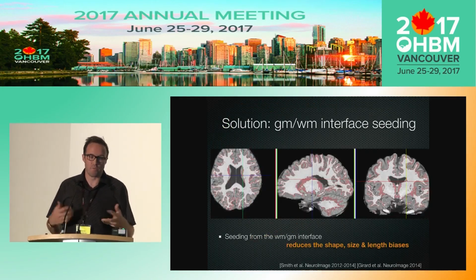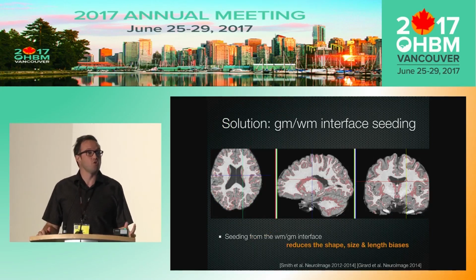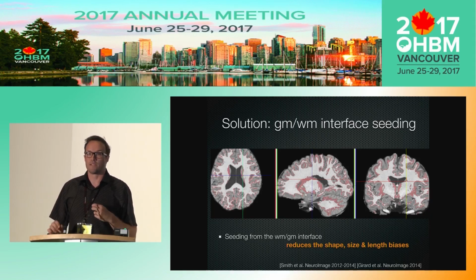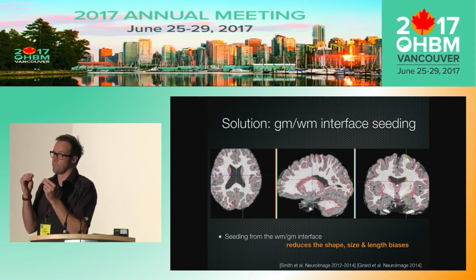And one of the ways it's been shown to reduce this problem is to use seeding from the gray matter white matter interface. It comes with lots of problems, but now instead of being proportional to volume, seeding will be proportional to surface area of cortex.